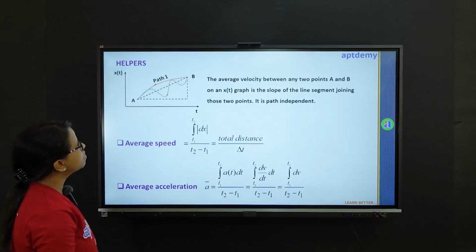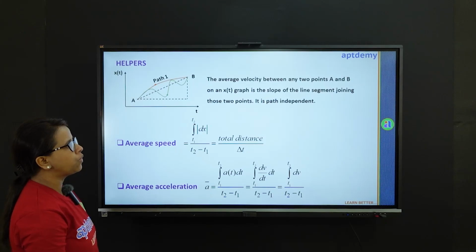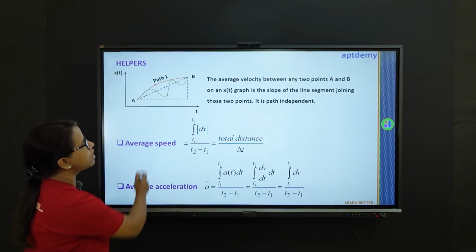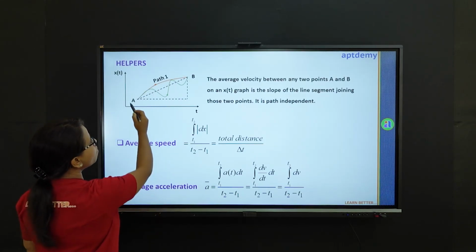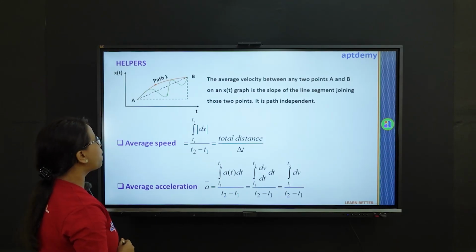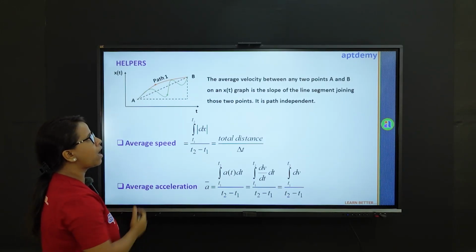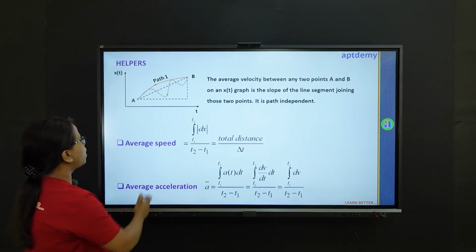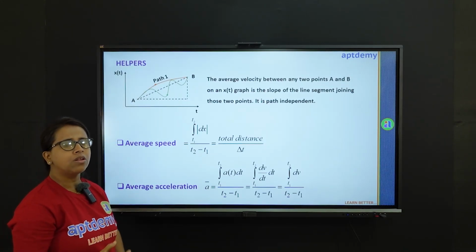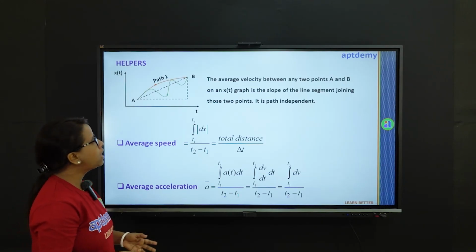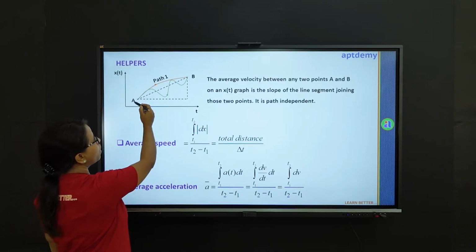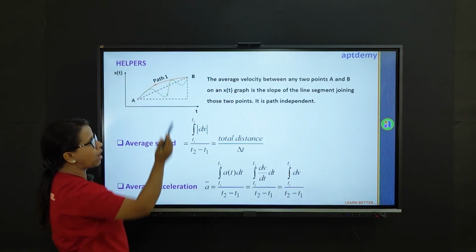The average velocity between any 2 points A and B on an x-t graph is the slope of the line segment joining those 2 points. It is path independent. We have a particle moving from the point A to the point B. During motion, the particle could be following any path: a straight line path, a curved path or a zigzag path.